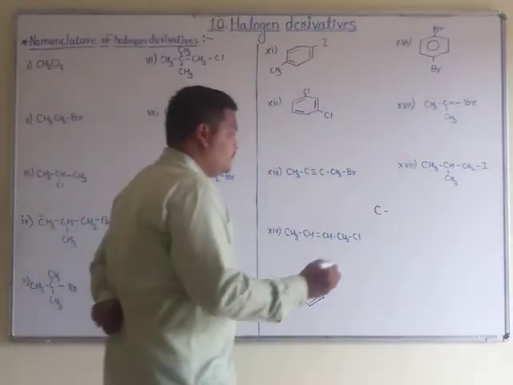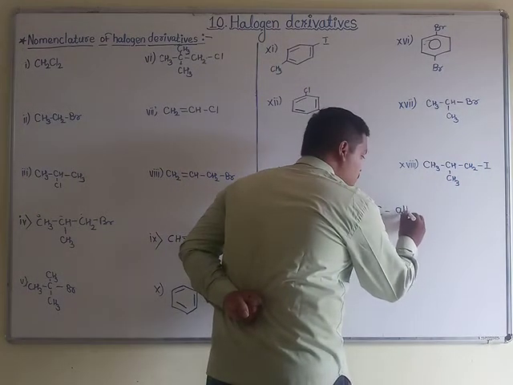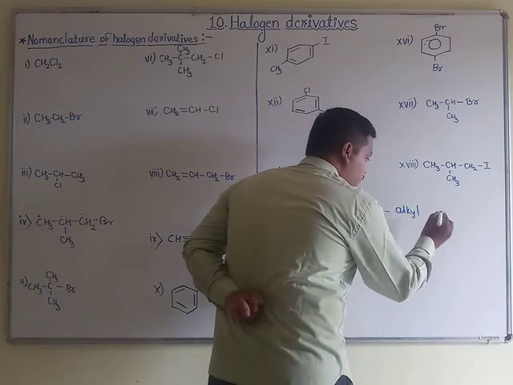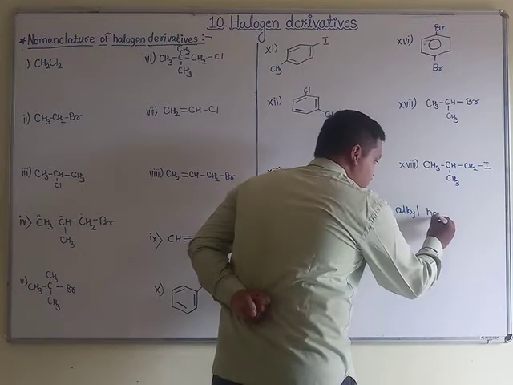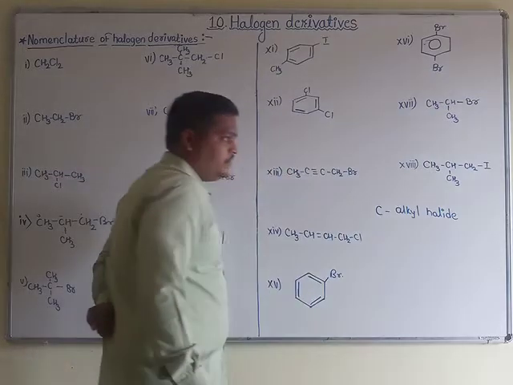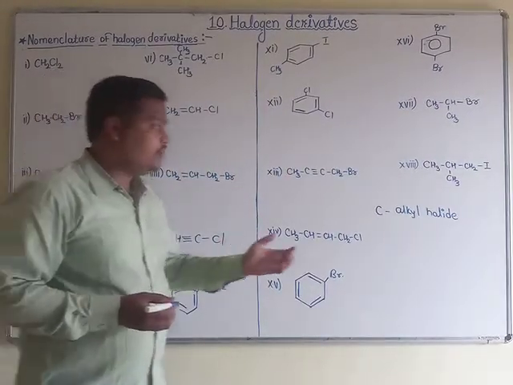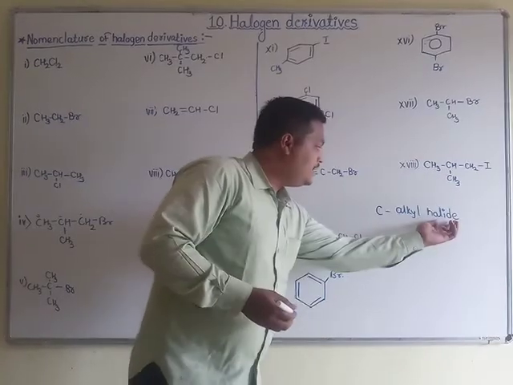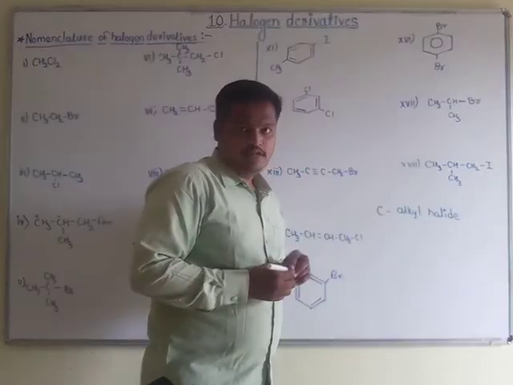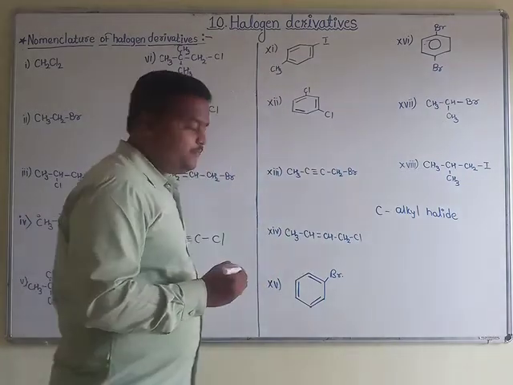In the common name, the compounds are named on the basis of the alkyl halide. So the common name is based on its alkyl group and then the halogen. In that way, the common name is given to a compound.